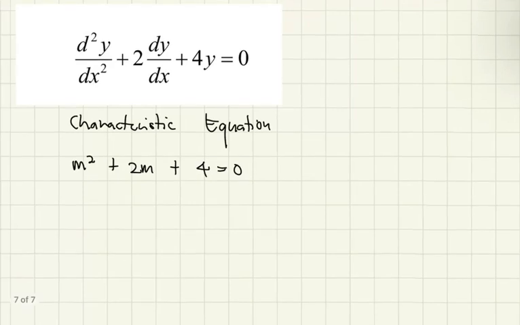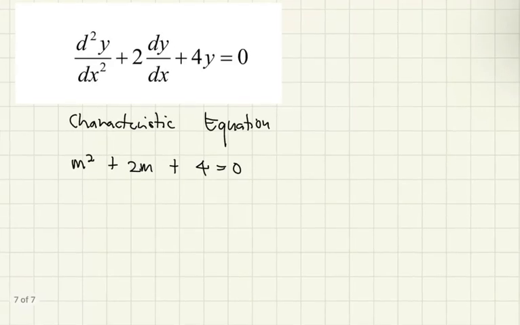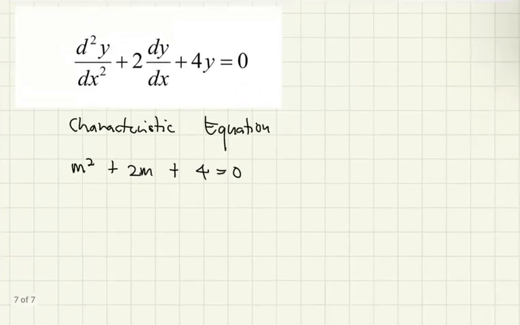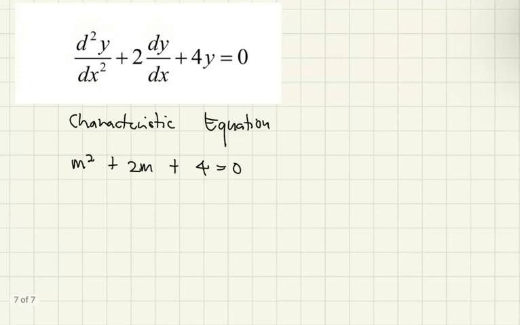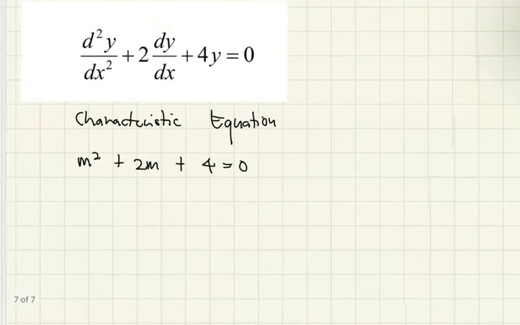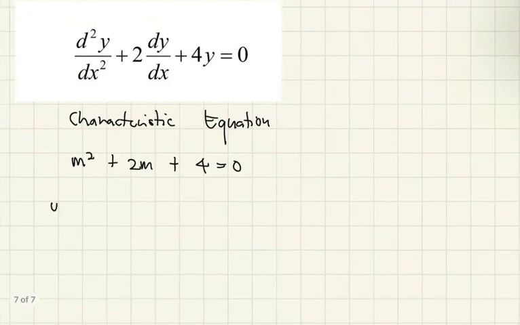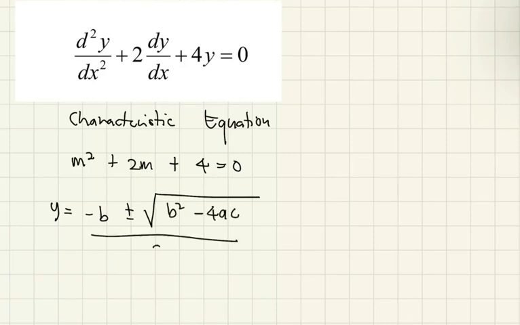Now let's say we want to use the quadratic formula. So m is equal to minus b plus minus square root of b squared minus 4ac, divided by 2a.